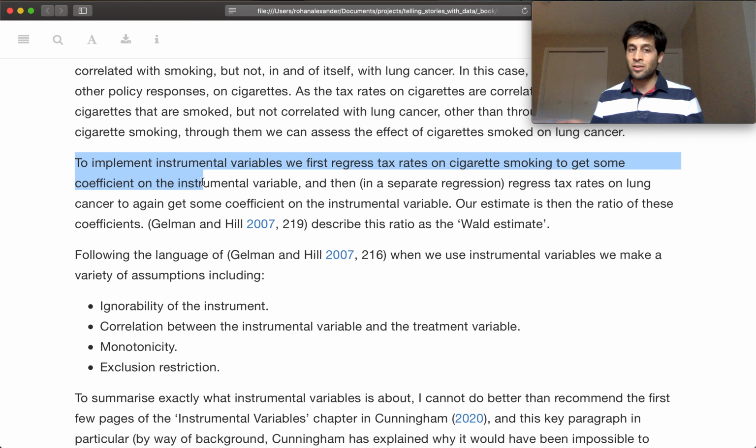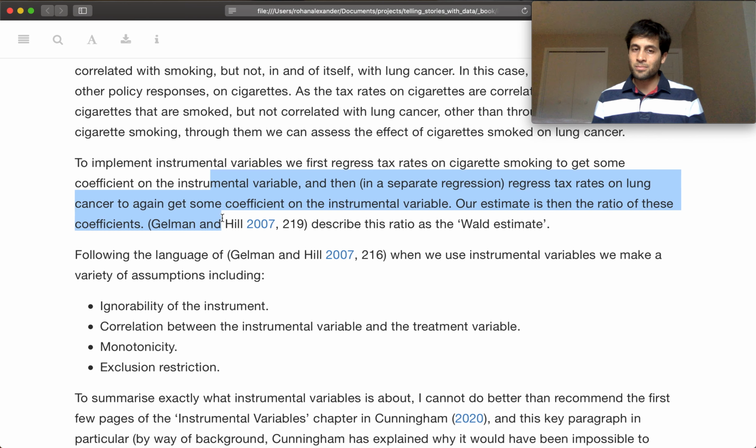And again, we're going to get some coefficient on the instrumental variable. We then take the ratio of those two coefficients, and that is our effect. One way to describe this is to call it the Wald estimate, but there's a variety of other people who call it a variety of other things.